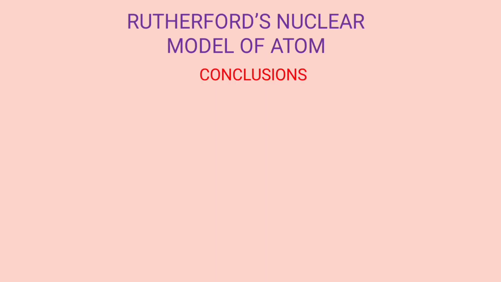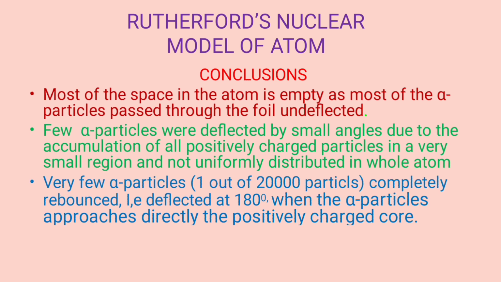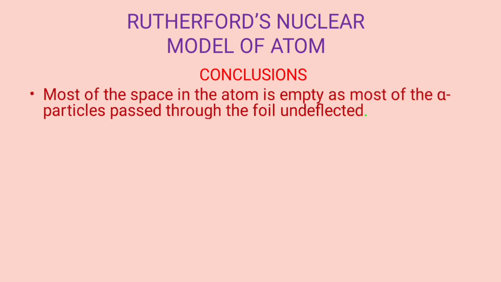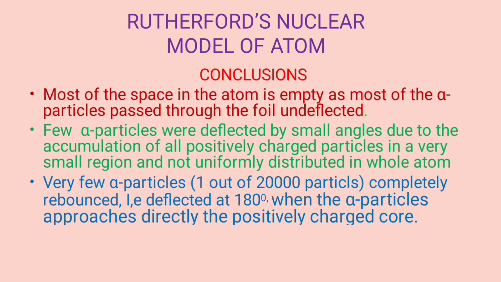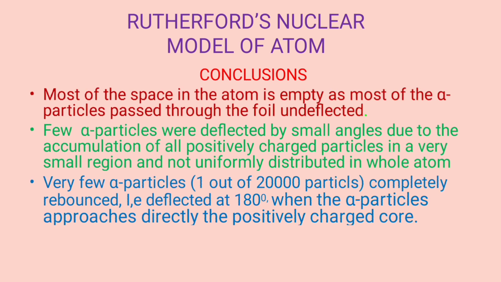These are the conclusions. Most of the alpha particles pass through the gold foil without deflection because most of the space in an atom is empty. A few alpha particles are deflected by a small angle because all the positive charge is concentrated in a very small region and is not distributed uniformly, as Thomson said, so there is a small repulsion between these particles and the positive core at the center.